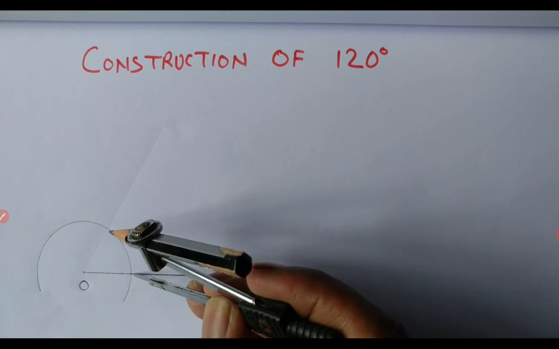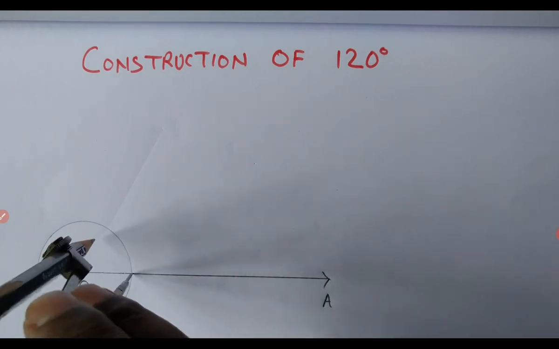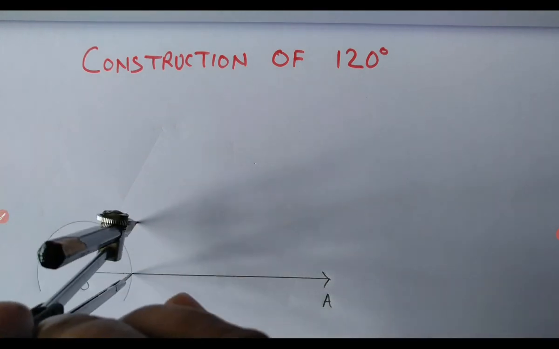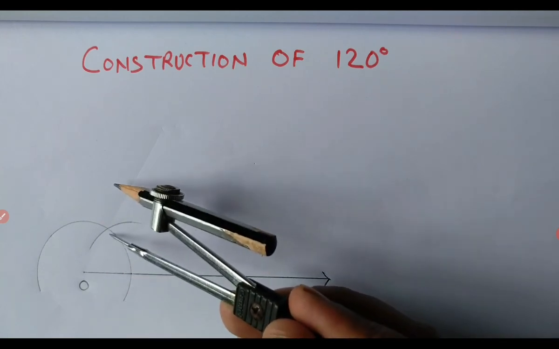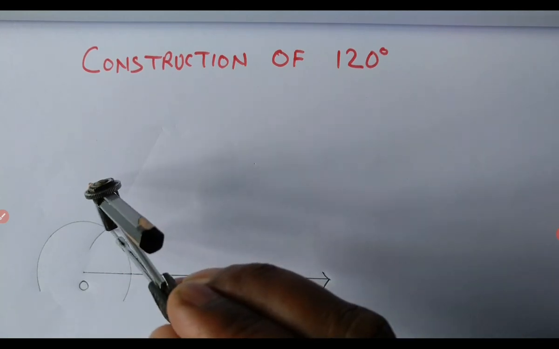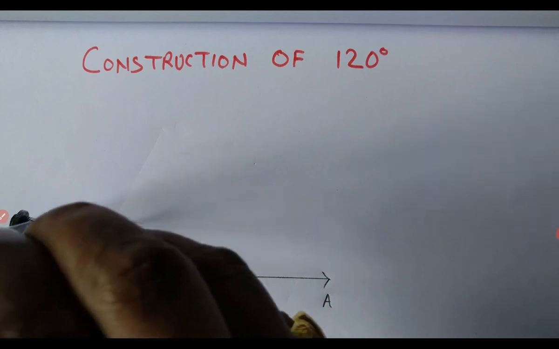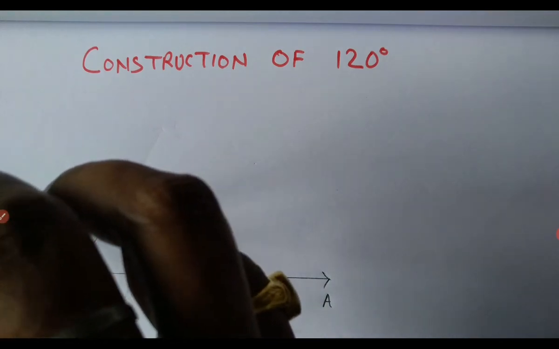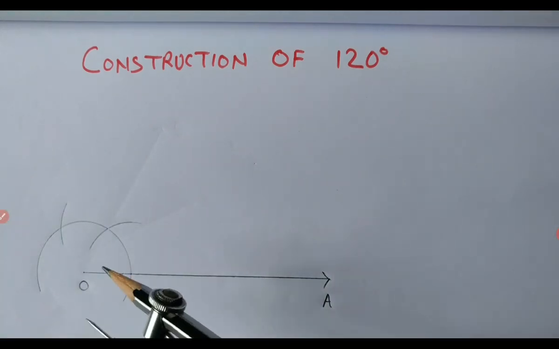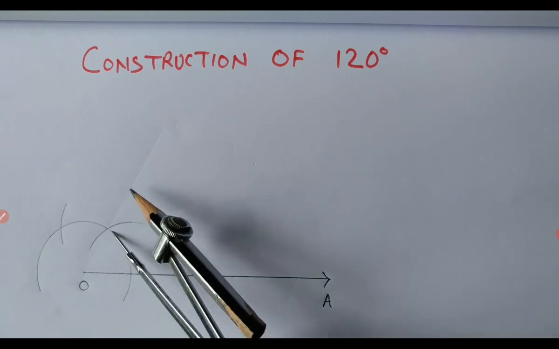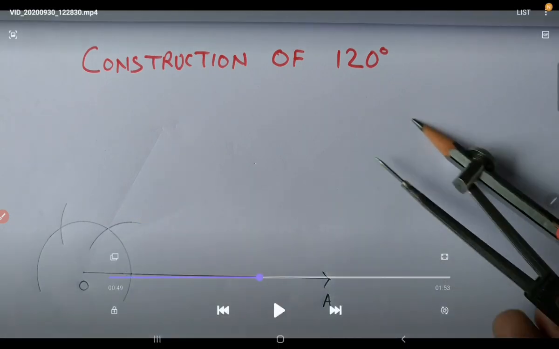Now from that particular point I am drawing another arc such that it intersects the previous arc at this point. Now from the intersection of the previous arcs, I am drawing another arc such that we have three arcs now, like this. First arc, second arc, and the third arc.